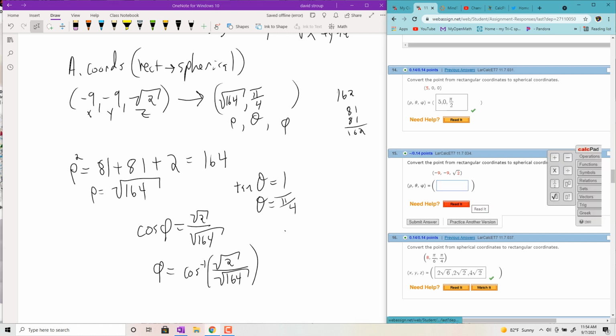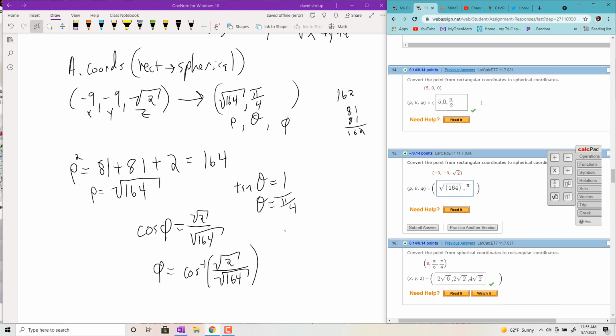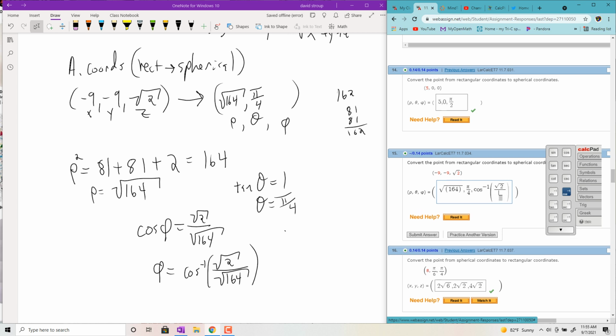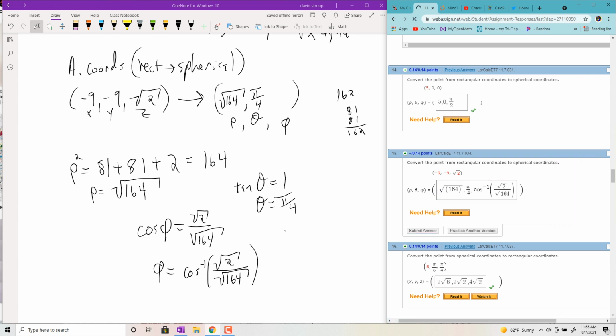So it looks like we got square root of 164, pi over 4, cosine inverse of square root of 2 all over square root of 164. Let's see if they allow us to put it in like that.